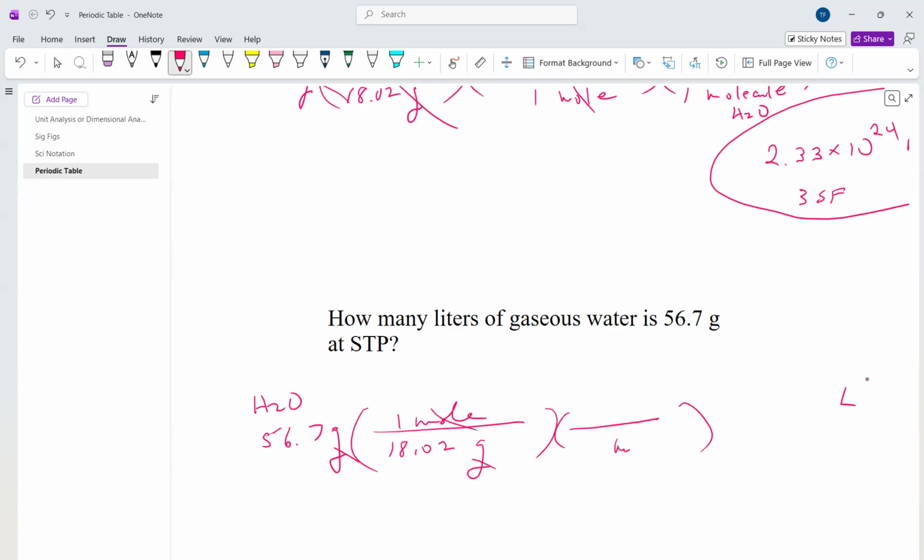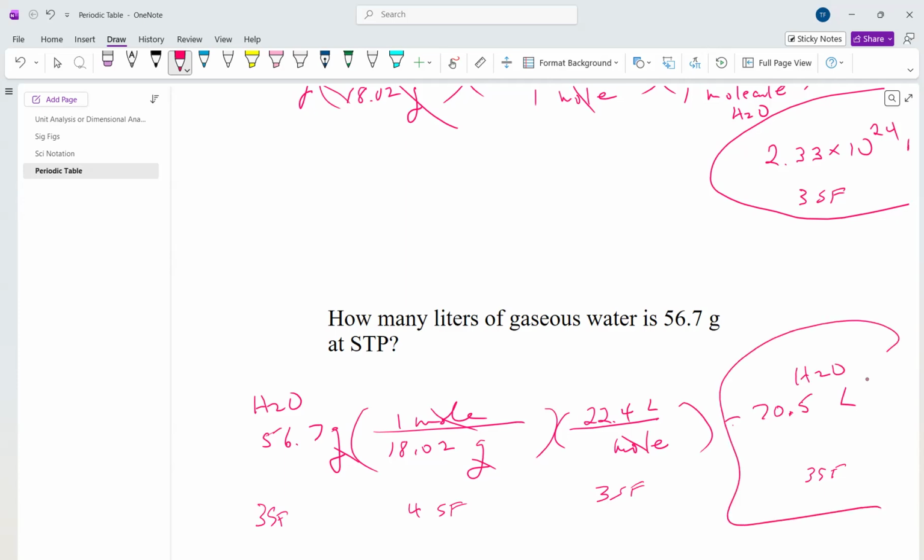Moles are going to cancel. We're looking at 70.5 liters.